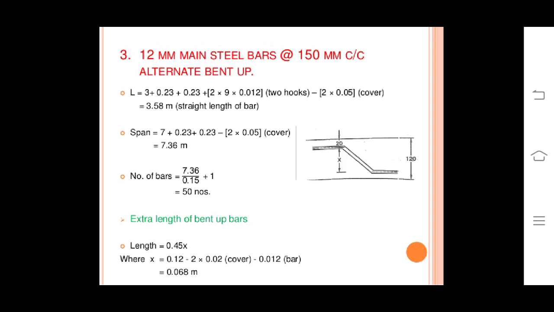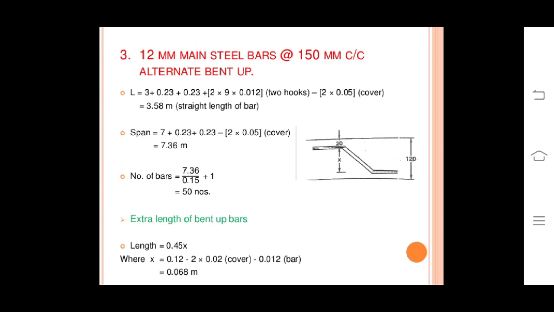The length can be calculated by adding the 0.23 thickness from both sides of the slab, that is 3 plus 0.23 plus 0.23, plus 2 times hooks from both sides, that is 2 times 9d, that is 9 into 0.012, minus 2 times cover from lateral sides of the bar, that is 2 times 0.05. The total length of bars at shorter span is equal to 3.58 meters. This is the straight length of bar.